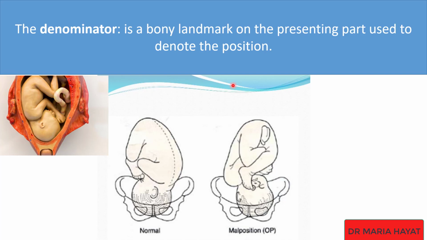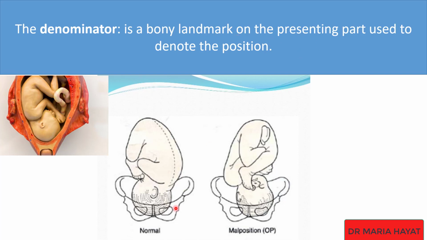Now, as we know that the normal presenting part is vertex, if during labor you do a vaginal examination and you feel that there is a vertex presentation, then you should know its position. In order to tell the position of the presenting part, first of all, you have to choose a bony landmark.